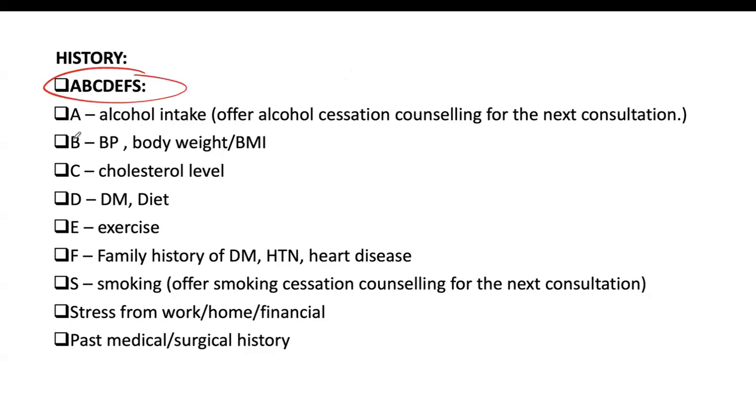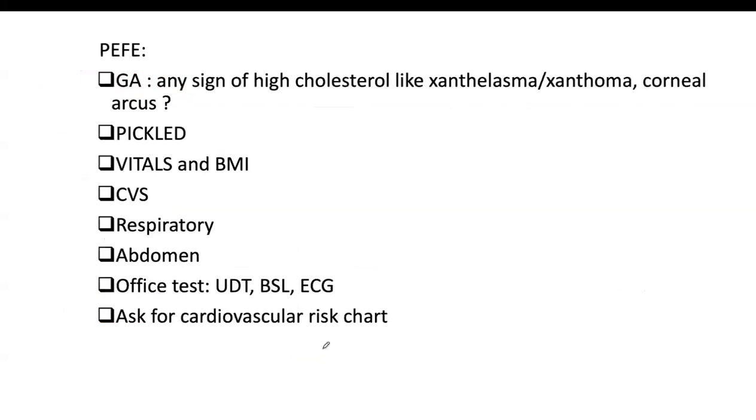A for alcohol, B for blood pressure and body weight, C for high cholesterol, D for diabetes and diet, E for exercise, F for family history of heart condition, S for smoking and stress, and we finish with past medical or surgical history. Pretty straightforward if you know this mnemonic. This is all that you'll need to ask. So again, ABCDEFS, that's what we ask here.